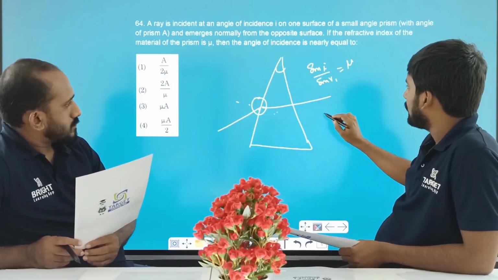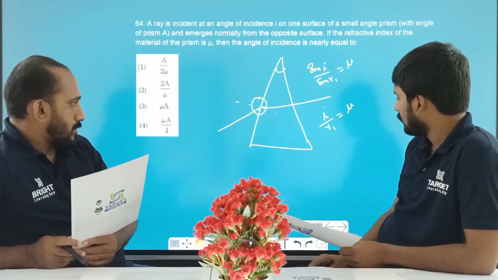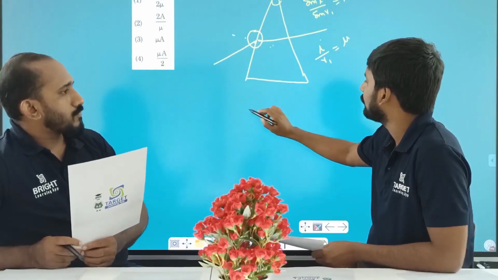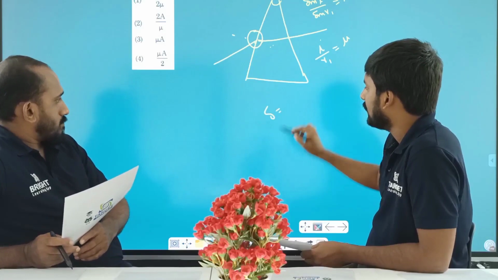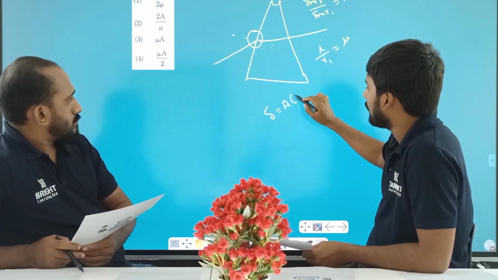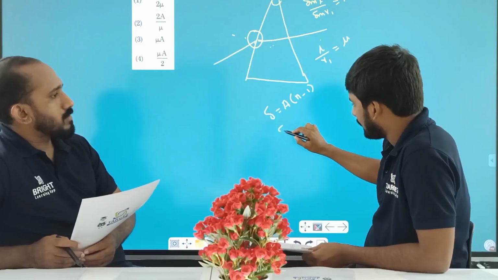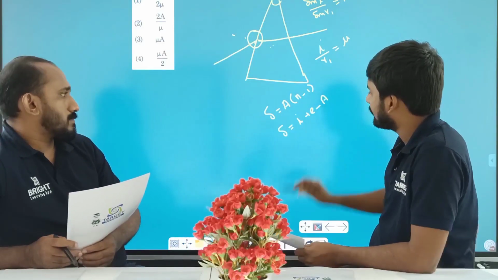So I by R1 is equal to mu. For the refractive index, we have another equation: for delta, the angle of deviation, delta is equal to A into n minus 1 for a small angle prism. That is equation one. Another equation, equation two: delta is equal to I plus E minus A.